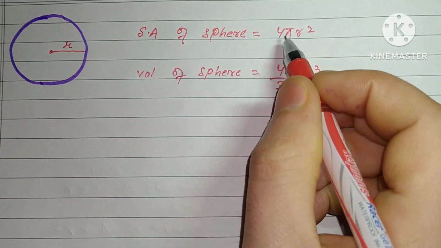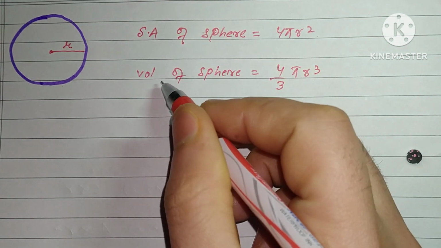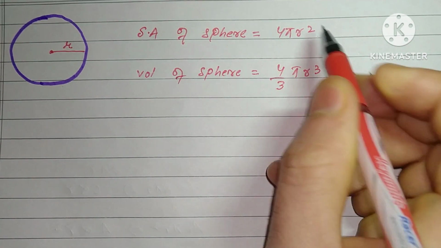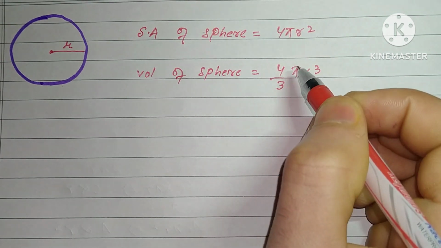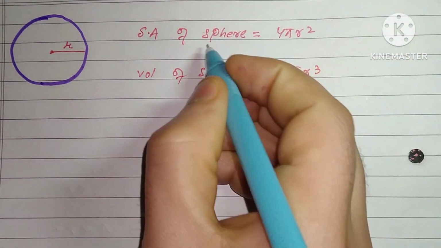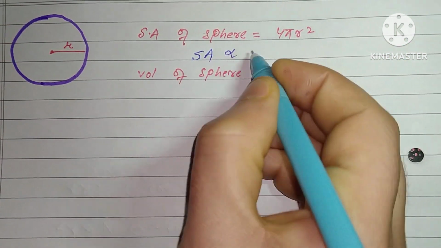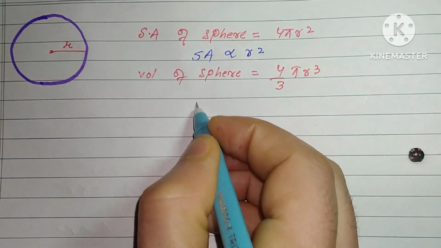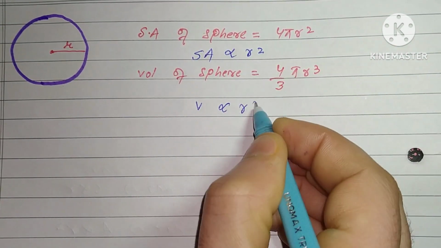Here surface area is directly proportional to radius square and volume is directly proportional to radius cube, because 4 pi and 3 are constants.